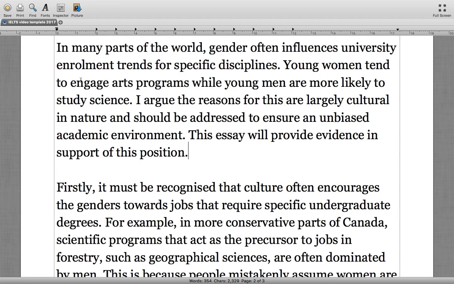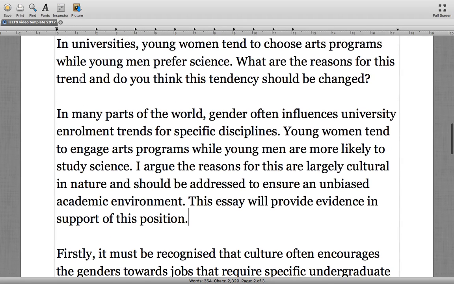So let's read through the entire essay from the beginning, and you'll note how the different sentences work together, how the different paragraphs work together, how the entire thing operates as one cohesive unit to respond to this question. So the question was, in universities, young women tend to choose arts programs while young men prefer science. What are the reasons for this trend, and do you think this tendency should be changed?